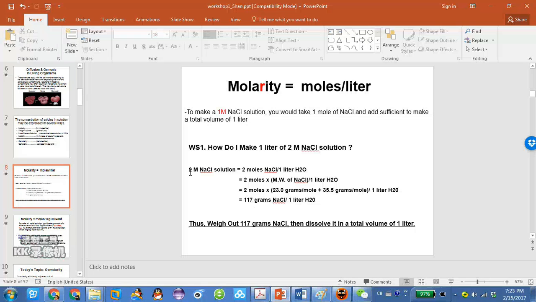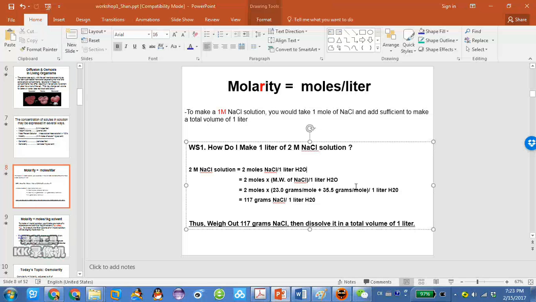You can see that when you have 2 molar NaCl solution, which is 2 moles per liter, it's like you have 2 moles of NaCl in 1 liter of solution. So all the water here should be changed to solution.